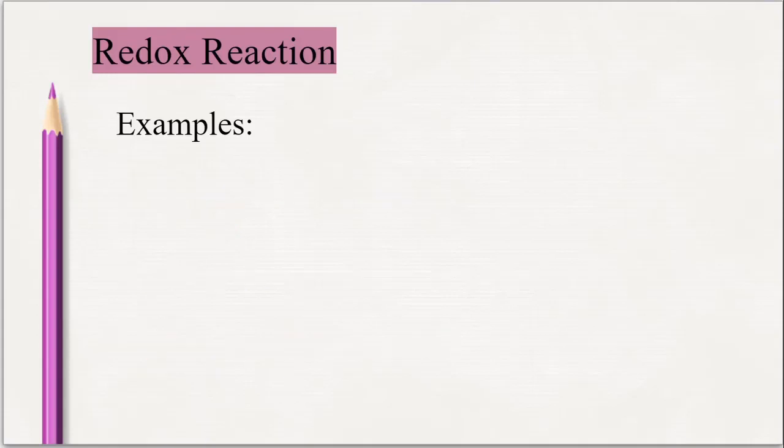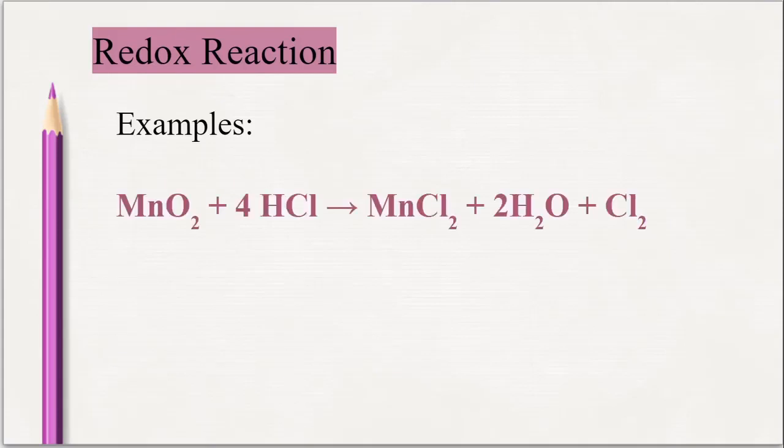Let us understand another example for the redox reaction. MnO2 plus 4HCl gives MnCl2 plus 2H2O plus Cl2. Here we have a chemical reaction. Now let us understand the oxidation and the reduction in this chemical reaction. Hydrochloric acid is oxidized to Cl2. Here HCl is oxidized to Cl2.